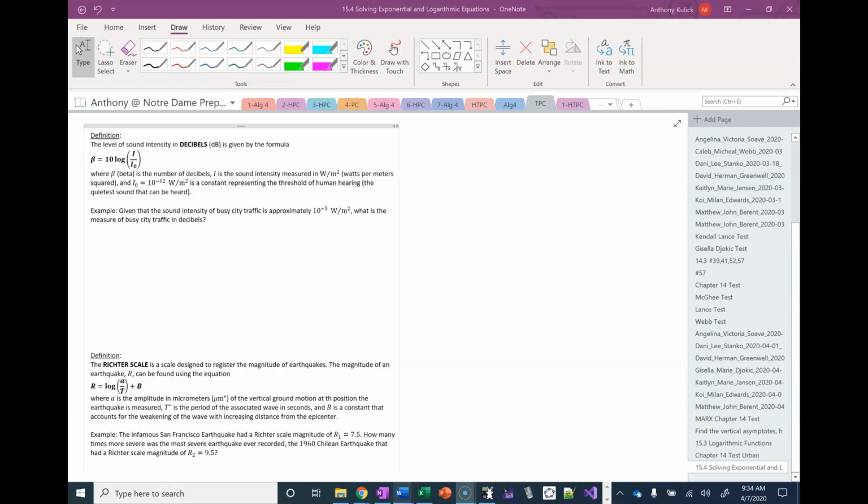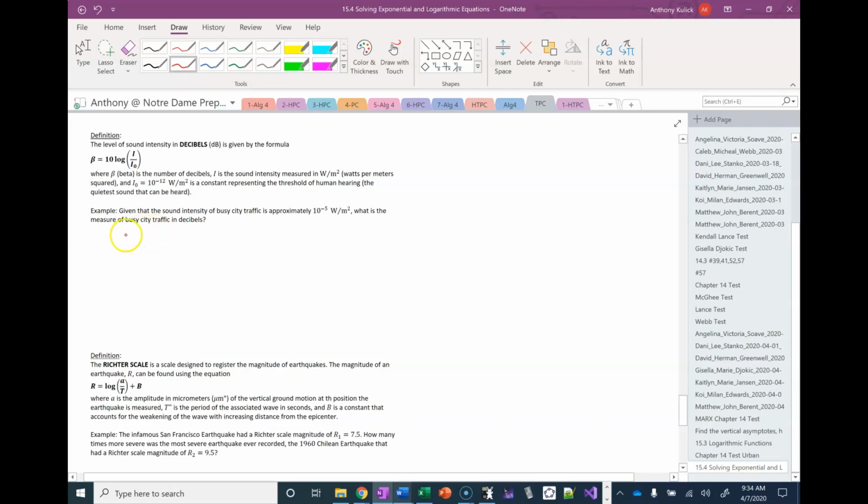And so if we want an example here, it says given that the sound intensity of busy city traffic is approximately 10 to the negative 5th watts per meter squared, what is the measure of busy city traffic in decibels? Okay.